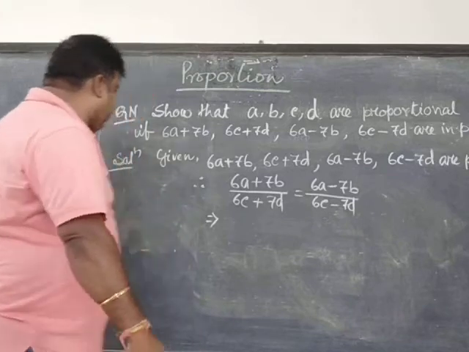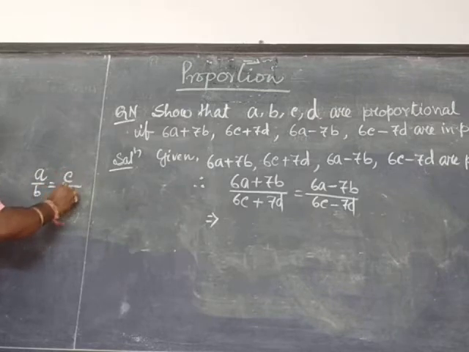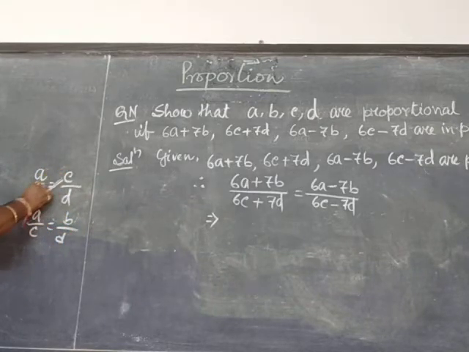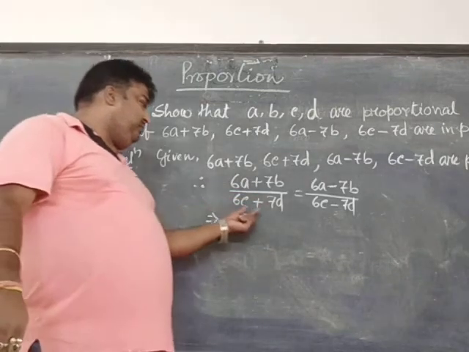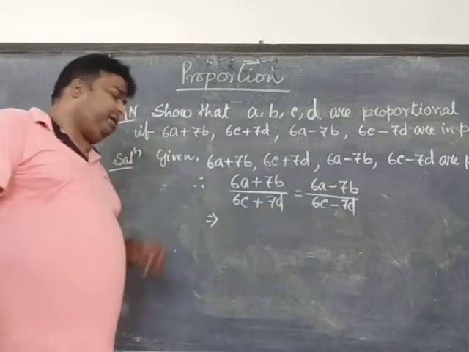If A by B equal to C by D, then A by C equal to B by D. That is A and C get altered, isn't it? So here also this 6C plus 7D will go here and 6A plus 7B will come here. Understand?